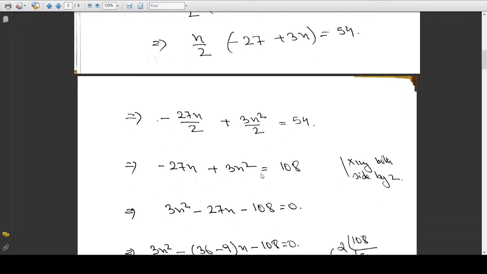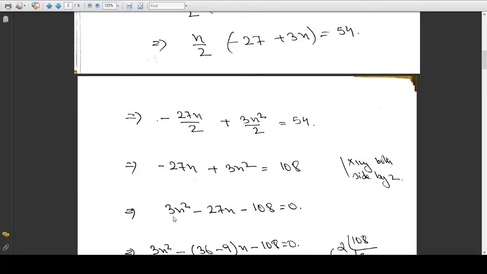Now arrange it properly, starting with the higher power of n, that is 3n squared minus 27n, and this 108 on the right you bring to the left as minus 108, so the right side is 0.